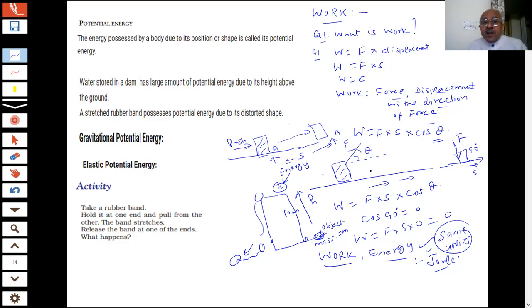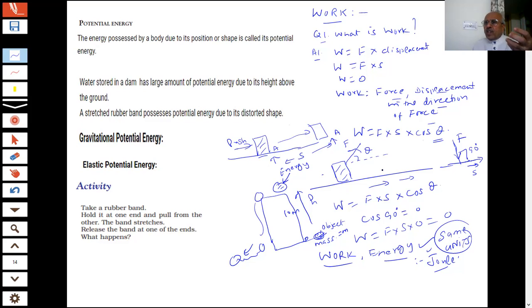So you can see what I am trying to say: there are substances that have stored energy in them. For example, I told you about fuels. There is energy stored in them, and when you ignite and burn them, energy is produced.